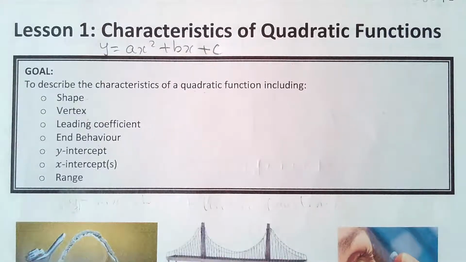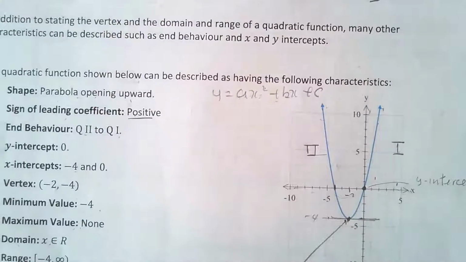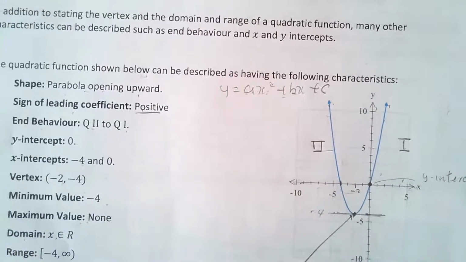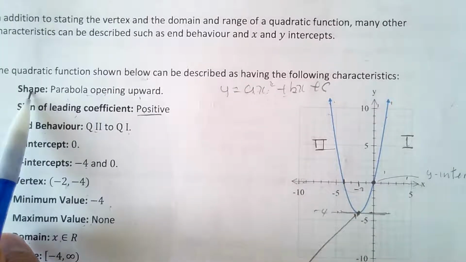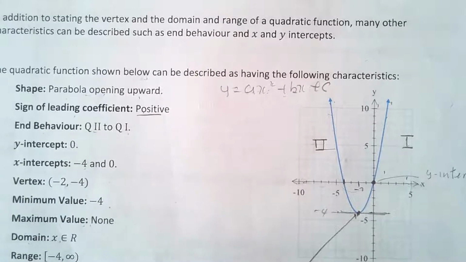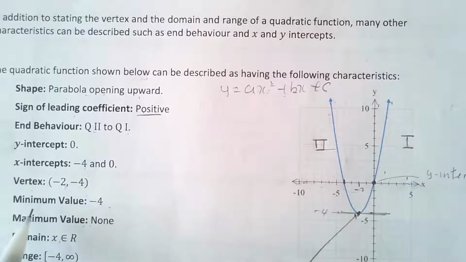In the first lesson, we were given a graph of a quadratic function, and we were asked to find these characteristics of the quadratic function: the shape of it, the leading coefficient, end behavior, y-intercept, x-intercept, vertex, minimum value, maximum value, domain, and range. You're given the graph of the quadratic function.